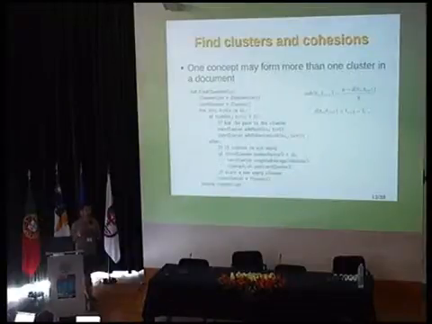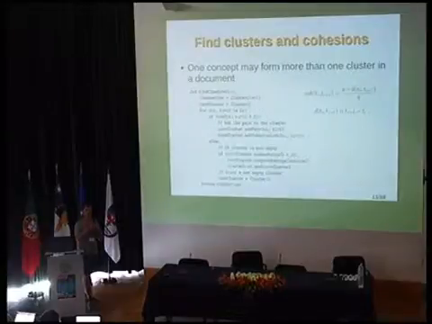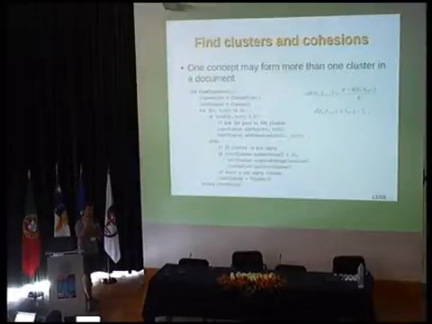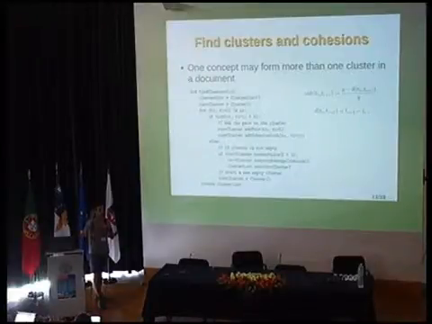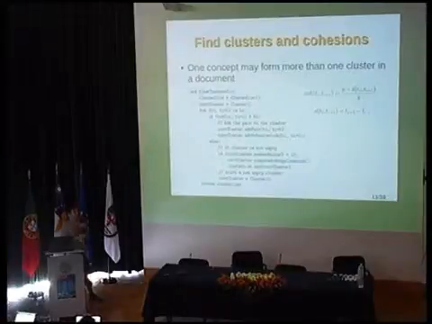The problem is that in a document, a concept may form clusters in several spots. For instance, in the arthritis document, gout, since it's only one type of arthritis, only occurs in one area, so it makes only one cluster. But the word arthritis, which occurs a lot in the document, makes lots of clusters. And we also have a thing on the right side, an equation which we call cohesion.